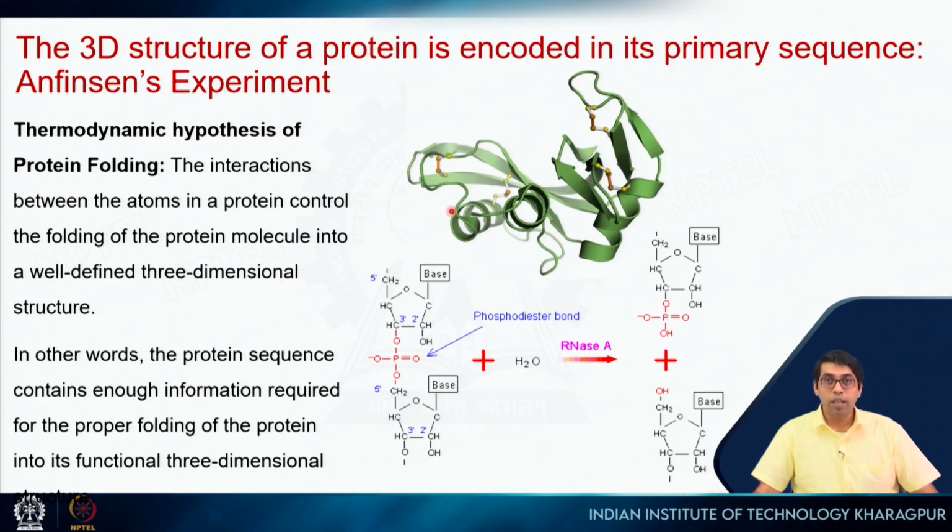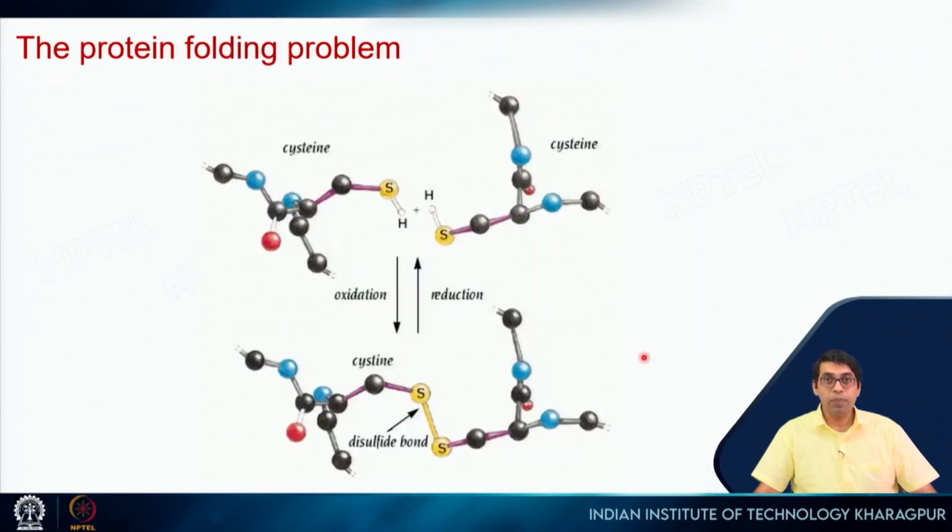So to show that, what Anfinsen and his colleagues did was use this particular enzyme called ribonuclease A. I will talk about enzymes in next week's lecture, and this enzyme catalyzes this particular reaction. So this is an RNA, and it catalyzes the hydrolysis of this RNA into its subunits.